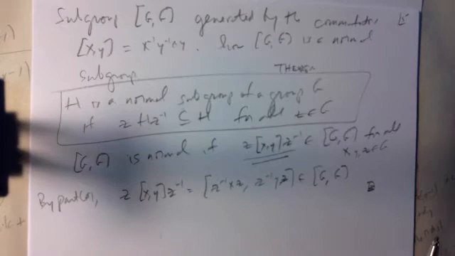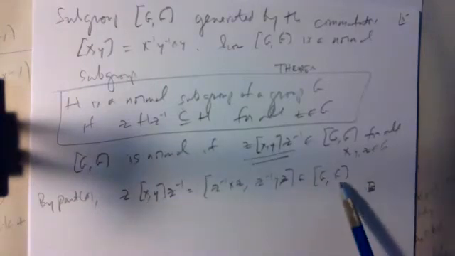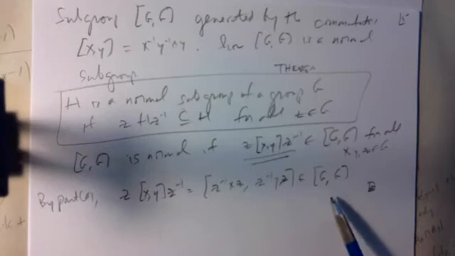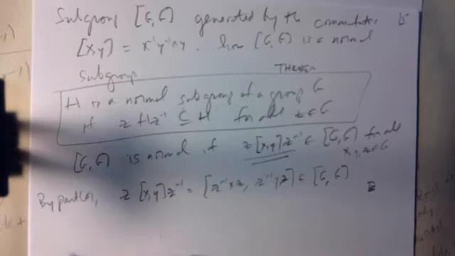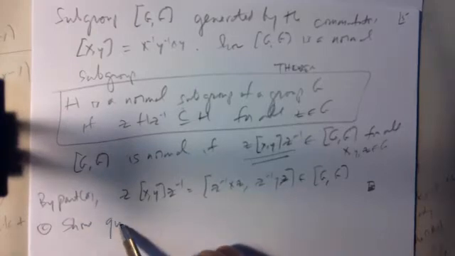It takes a long time to understand this. The conjugate of every commutator is just another commutator. So the commutator subgroup is a normal subgroup.